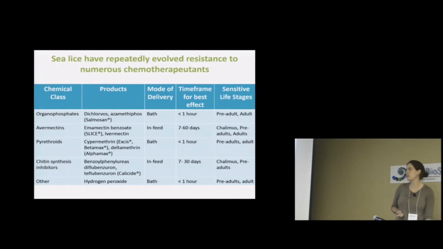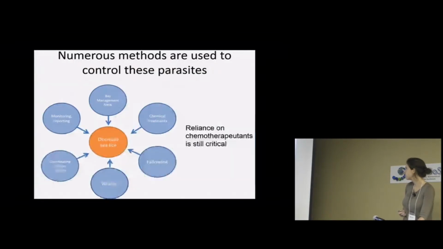Some of these chemicals are only lethal to certain stages. For example, these chitin synthase inhibitors really only affect sea lice before their final molt. So understanding how this variation in the mode of action, in the mode of delivery, and the life stages targeted is one step we can make towards understanding why we get different rates of resistance evolving.